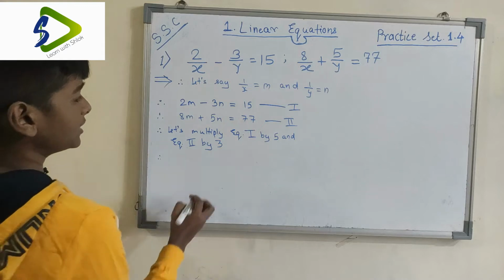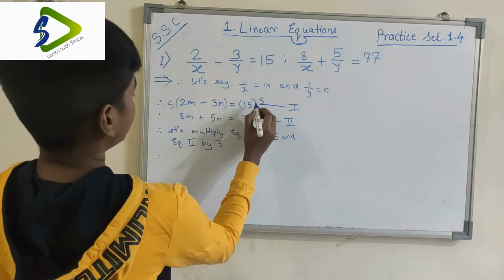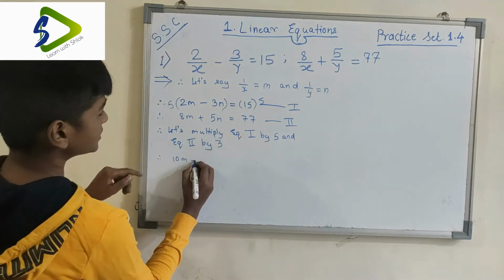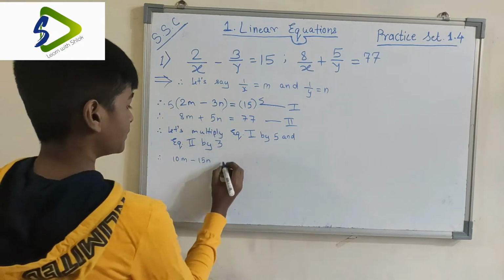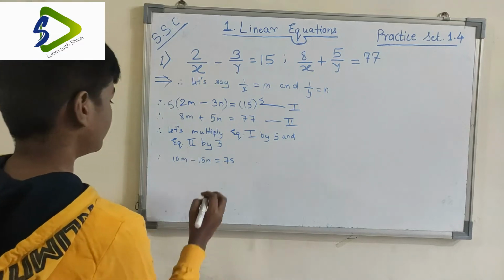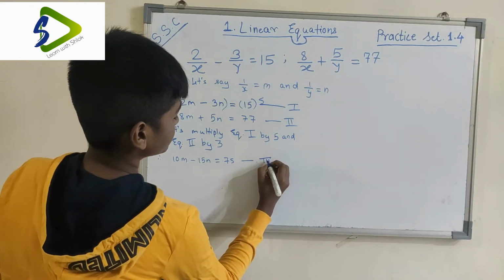Multiplying by 5, 5 twos are 10, so 10m, minus 5 threes are 15, so 15n. 10m minus 15n is equal to 75, because 15 fives are 75. Let's consider this as the third equation.